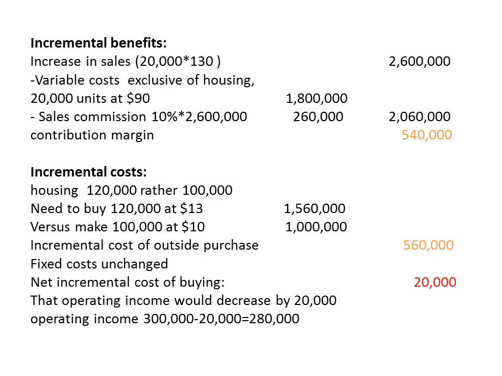Okay, 120,000 rather than 100,000. The unit price is 13. 120,000 by 13 equals 1,560,000.